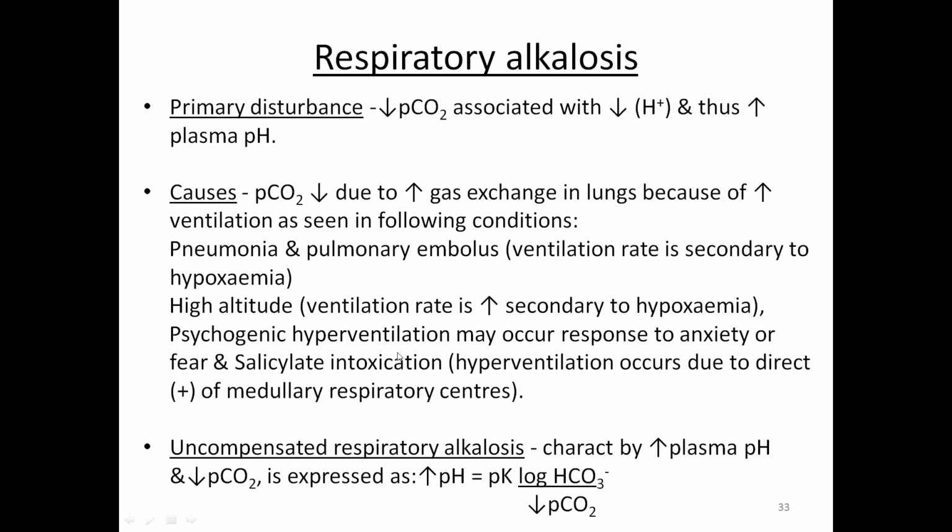Even psychogenic hyperventilation occurs when one has anxiety or fear, and in case of salicylate intoxication due to direct stimulation of medullary respiratory centers. Uncompensated respiratory alkalosis will be characterized by an increase in plasma pH and decrease in PCO2, expressed as this equation.